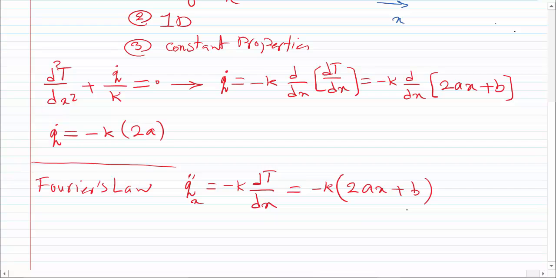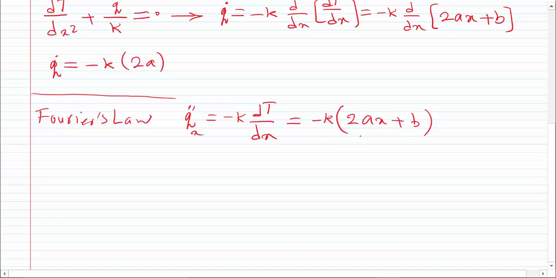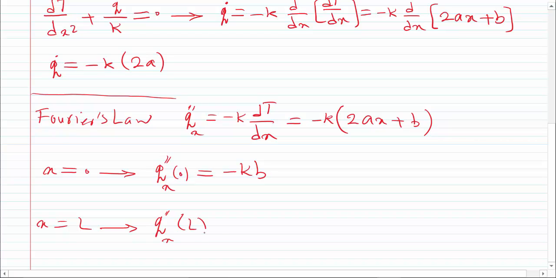Now using the expression for the temperature gradient derived above, I can just plug in the values for x. In simple words, if x equals 0, the heat flux at x of 0 is simply minus kb, or if x equals L, then I'll have q double prime x at L to be minus k times 2aL plus b.